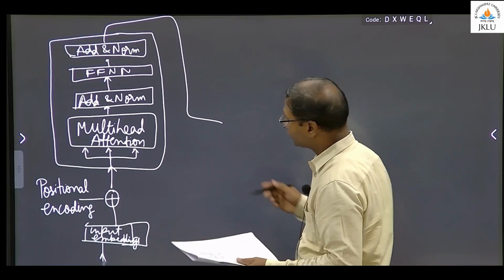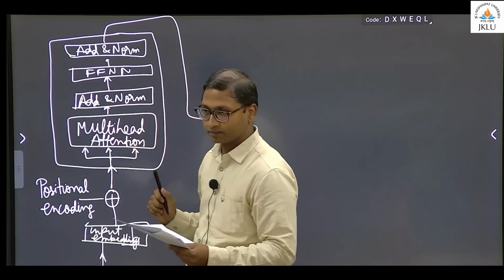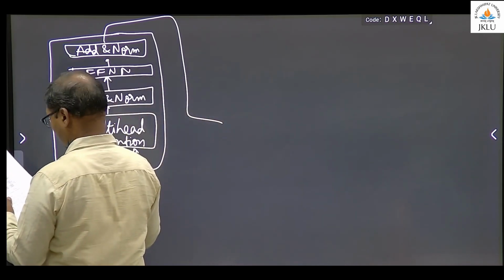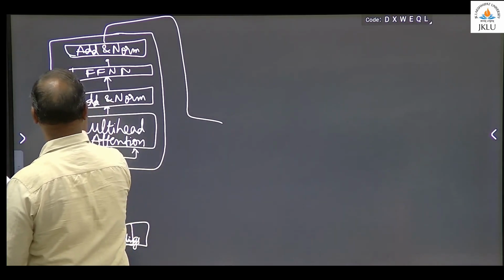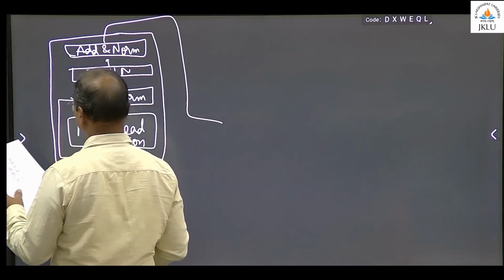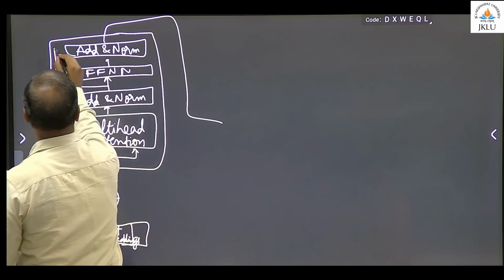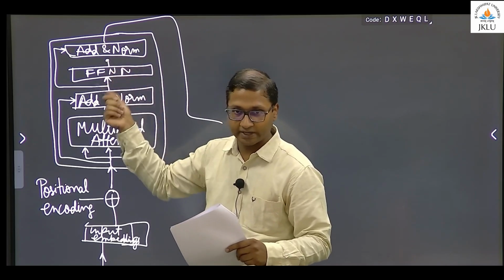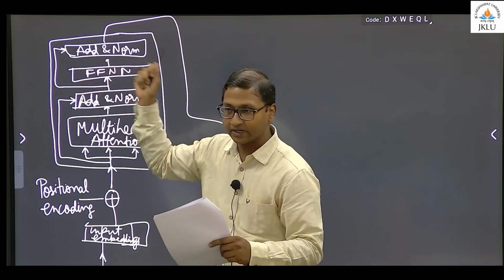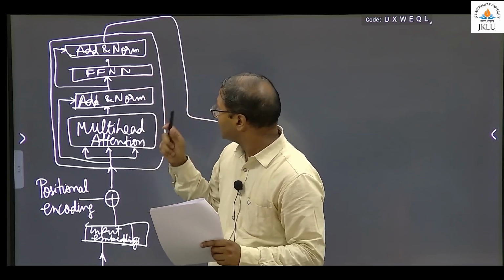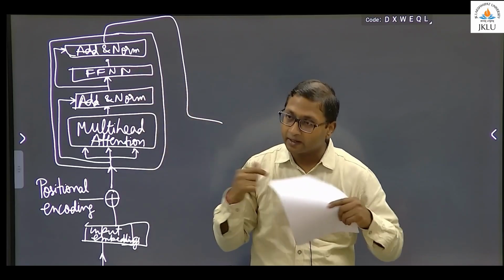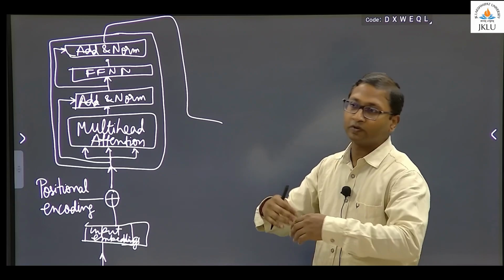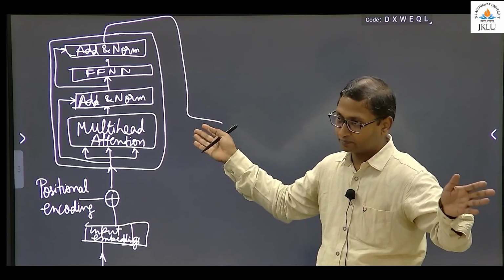So my question for you is, what is add and norm here? Okay. Add means your skip connections, so you just add them. Okay. Skip connections added. Norm means you layer norm, you normalize the layer. Normalize in the sense, see, when your outputs come, they can be whatever, right?